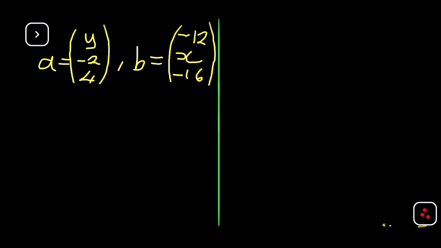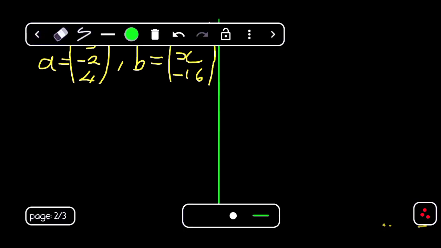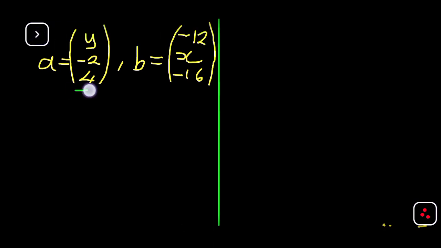We know that for any parallel vectors, each is a scalar multiple of the other, and in this case we have a complete coordinate here, 4 and negative 16. This coordinate is going to help us, first of all, in finding the value of k.